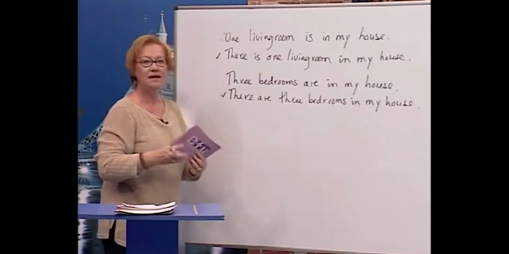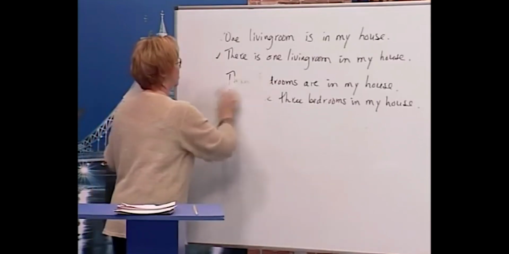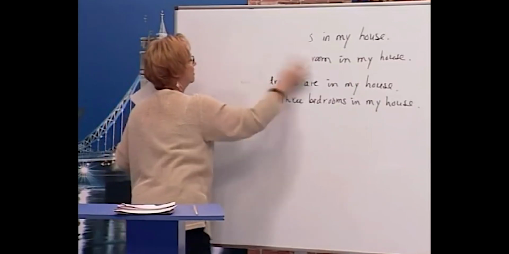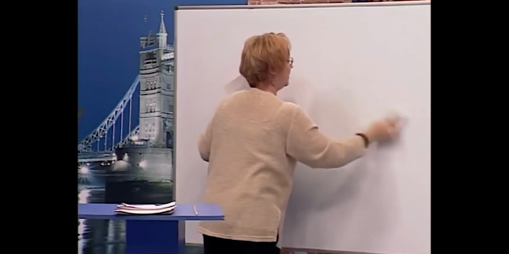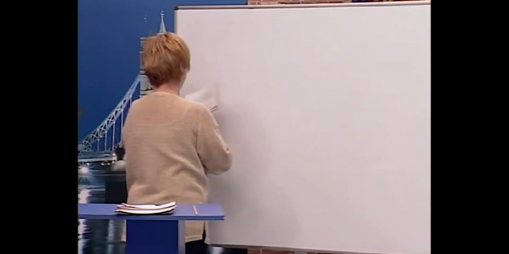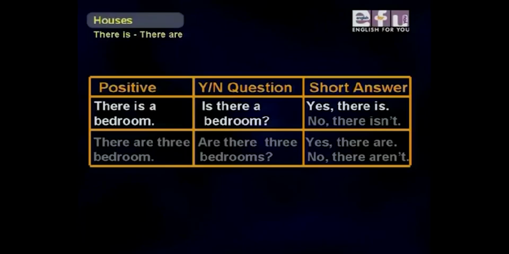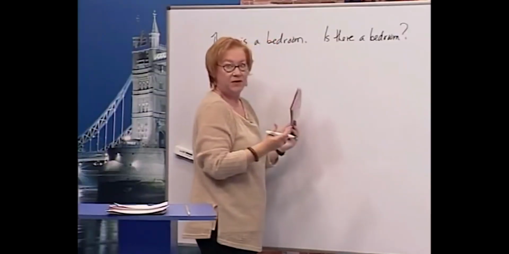Okay? Now, let me show you a chart, and you can see it on the screen also, with some statements and questions. There is a bedroom. Is there a bedroom?